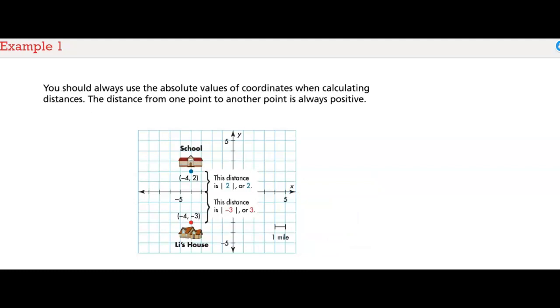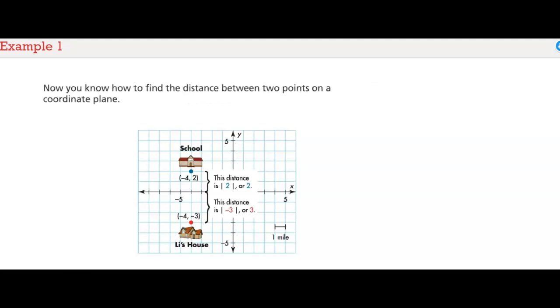You should always use the absolute values of coordinates when calculating distances. The distance from one point to another point is always positive. Now you know how to find the distance between 2 points on a coordinate plane.